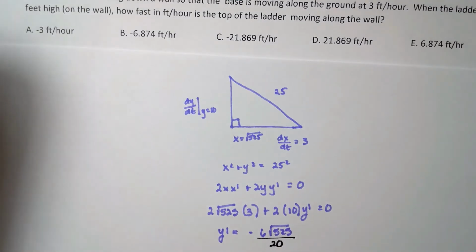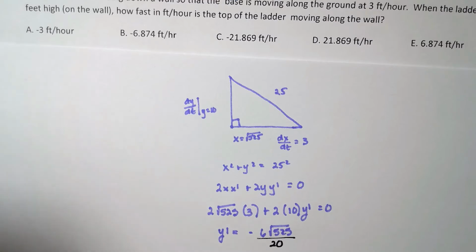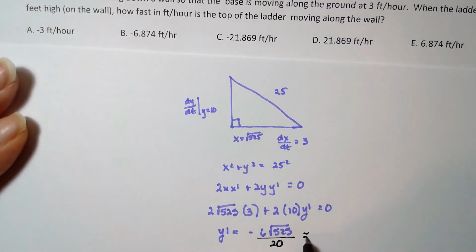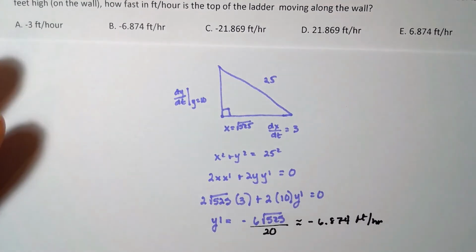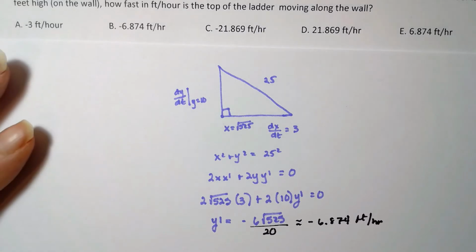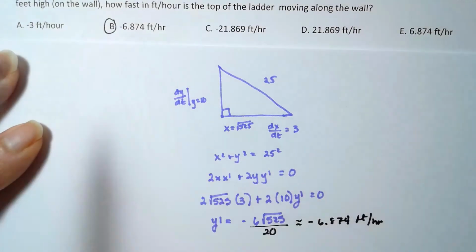And if I compute that up, looks like I'm going to get negative 6.874, and that would be feet per hour. And that's it. So I guess the answer would be B. For that one, it would be B.